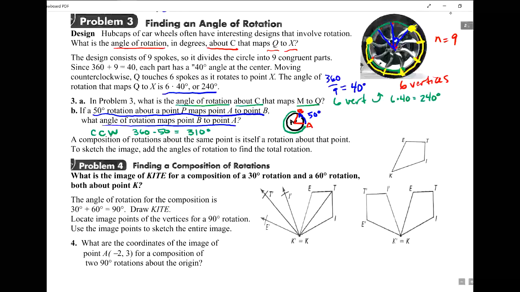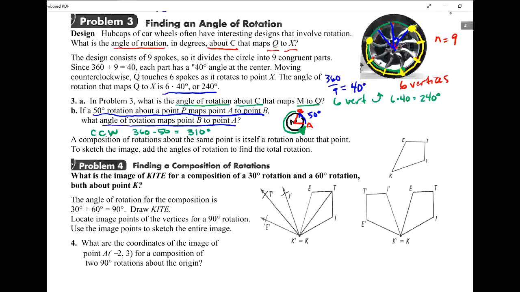Now, you may want to say 50 degrees, but don't forget we have to go counterclockwise. So we have to start at B and go counterclockwise around to A. So we have to go all the way around the circle. 360 minus 50 is 310 degrees. Again, pictures are your friend. Draw, draw, draw, and label, label, label. And you know how much I like color.